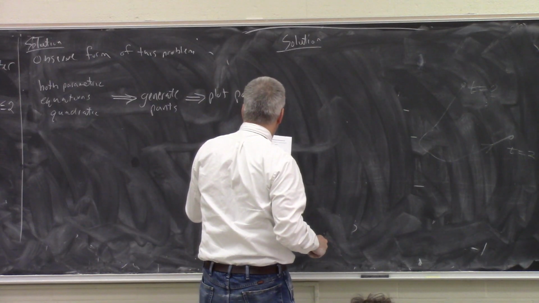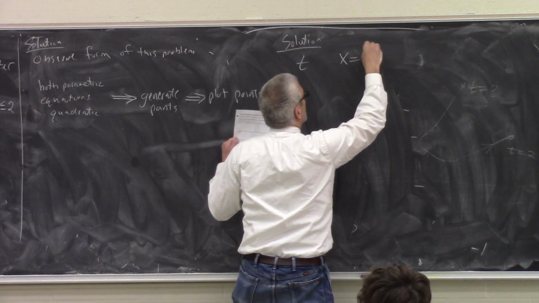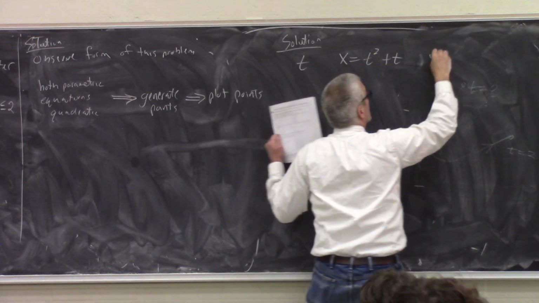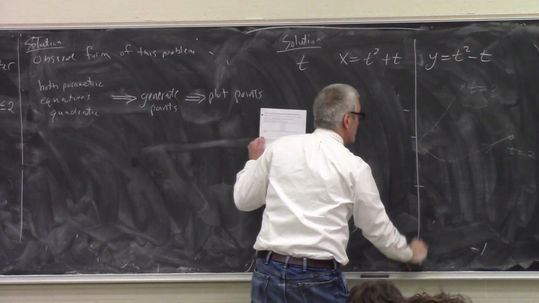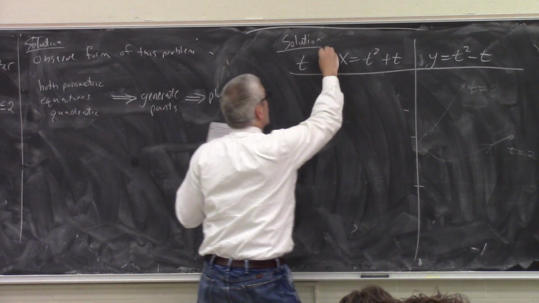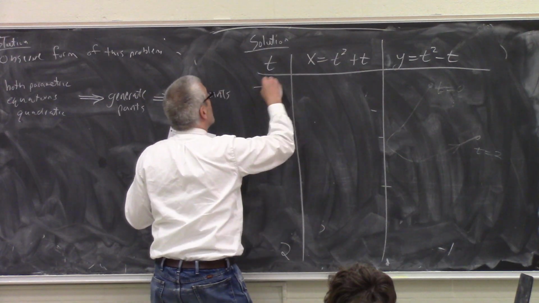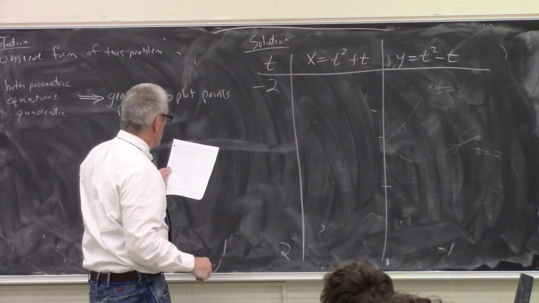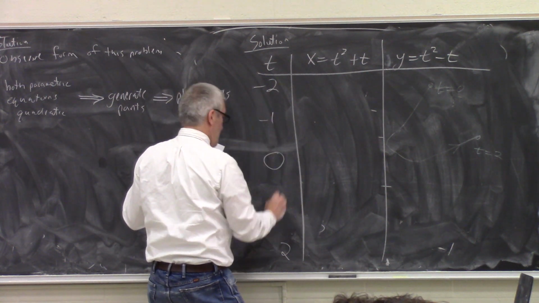Well, let's make a table of values. So we're going to start with t equals -2, and we're going to end with t equals +2. In the middle, we're going to have t equals 0, and t equals -1 and t equals +1.